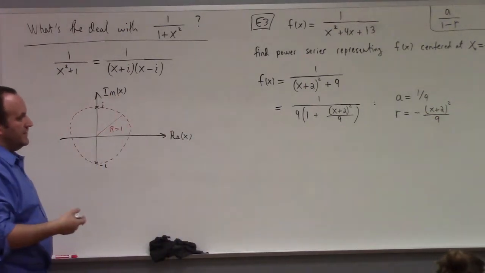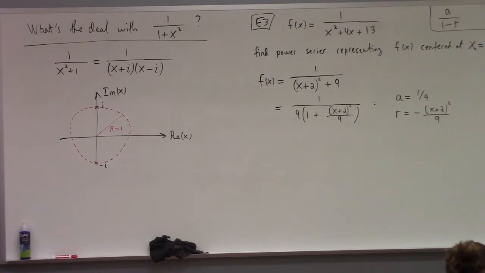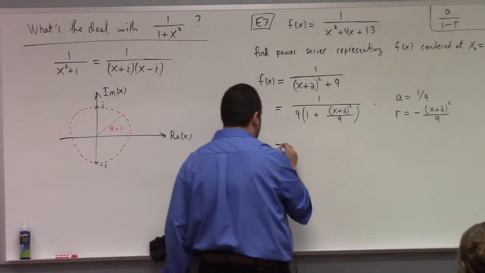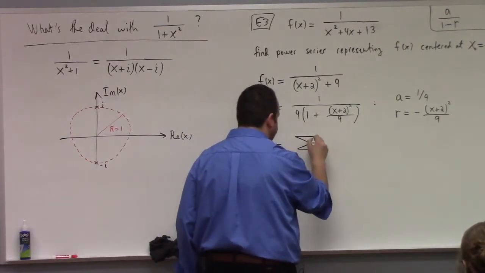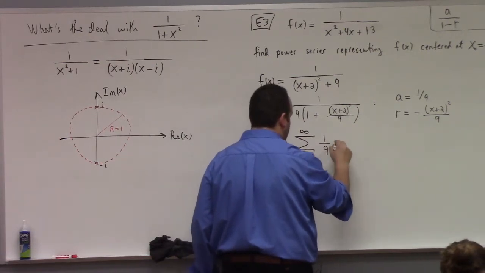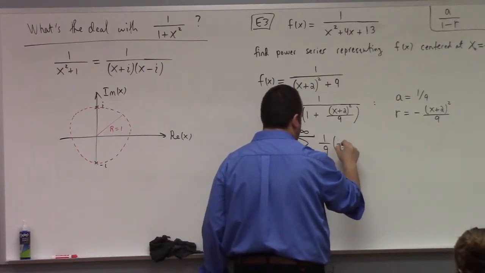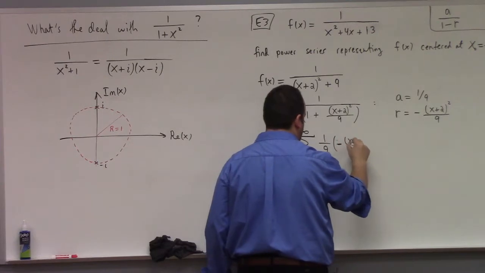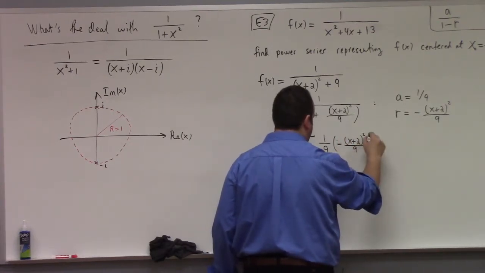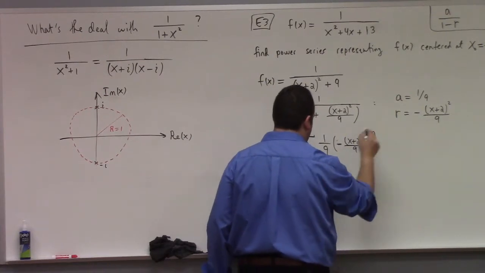So if we're focusing our attention on x such that the absolute value of r is less than 1, we get convergence, right? So this would be equal to the sum n equals 0 to infinity of 1/9 times minus x plus 2 quantity squared over 9, to the n.